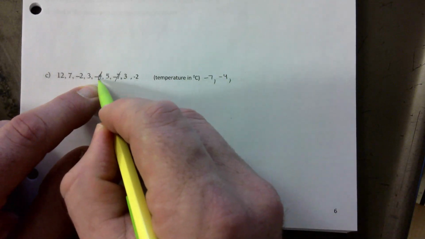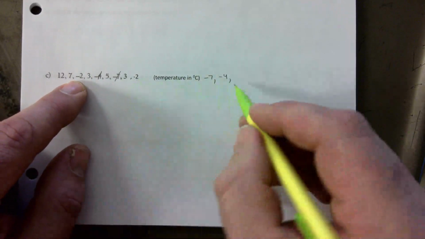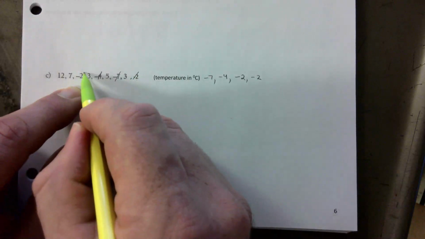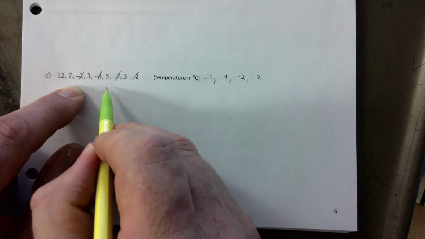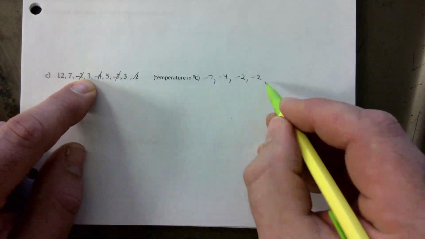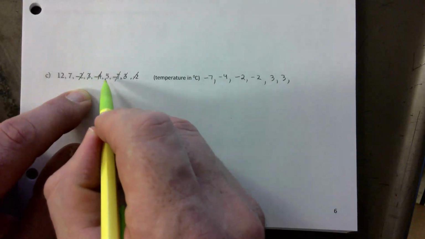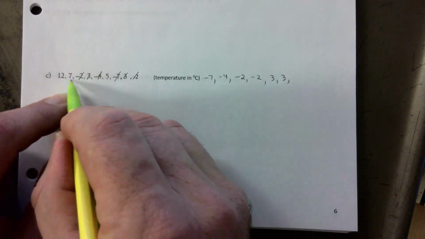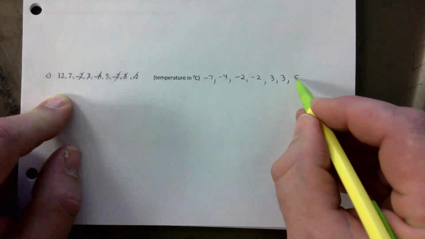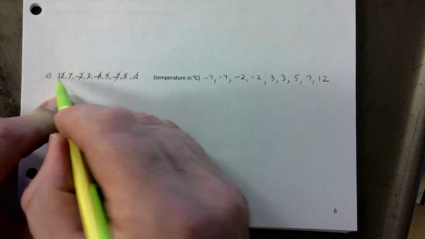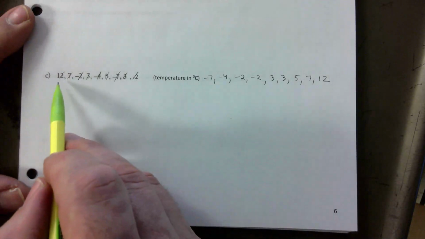Write that down, cross it off. Then you've got your -2s. Cross those out. Then you have your 3s. Cross those out. And then you have your 5, 7, and 12. We're getting to the end. 5, 7, 12, done.